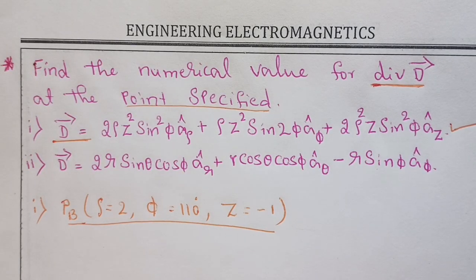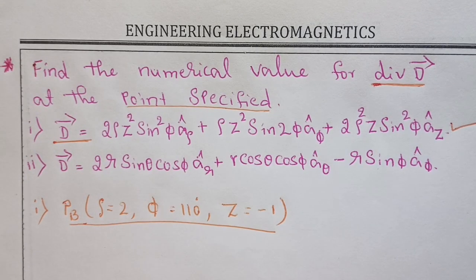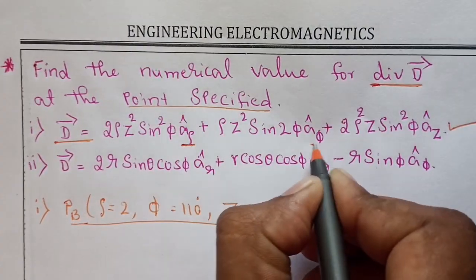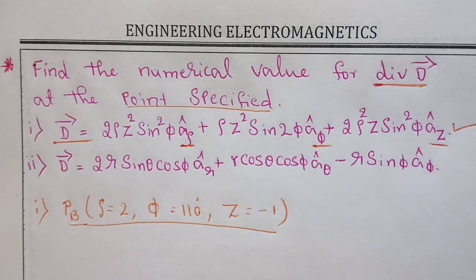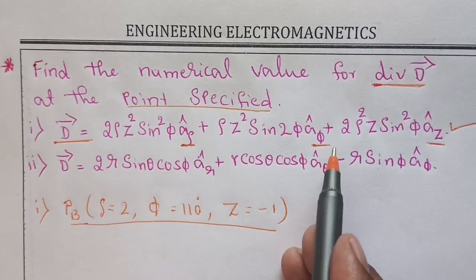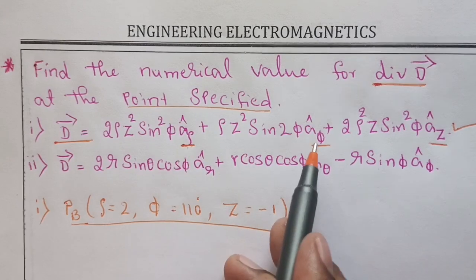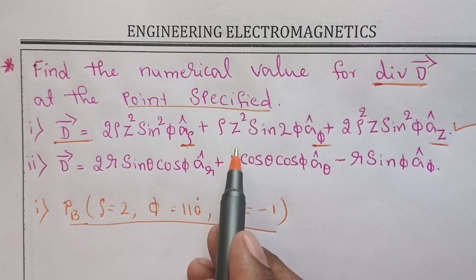By looking at this equation, we know it is with respect to rho, phi and z unit vectors. When rho, phi and z are the unit vectors, then we know that it belongs to the cylindrical coordinate system.